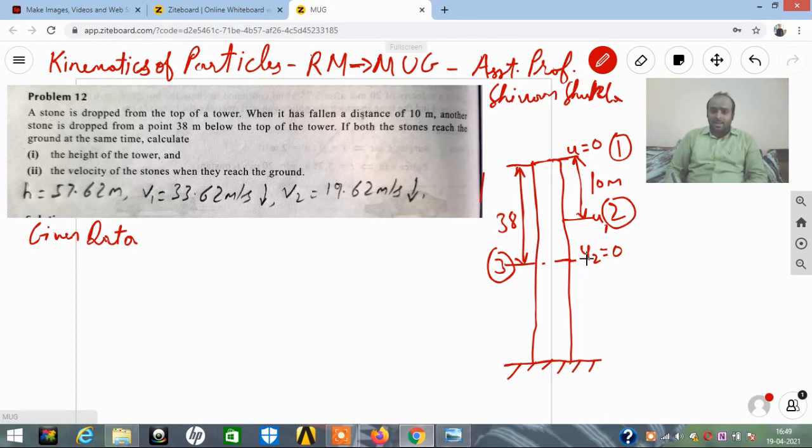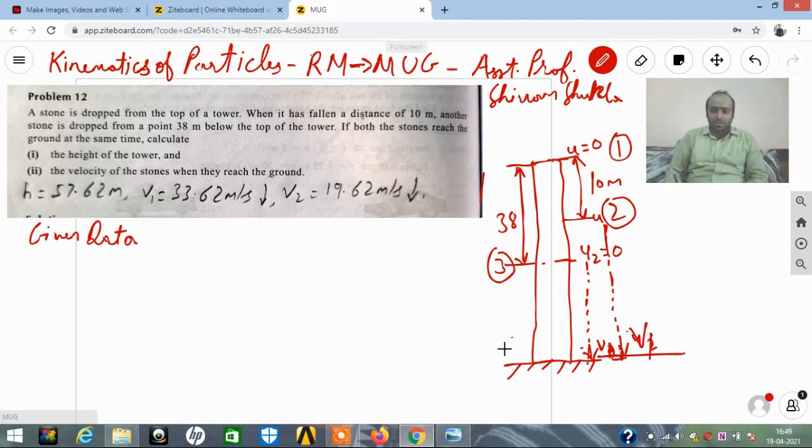Now u2 is the initial velocity of the second stone. When it comes down, its final velocity with which it falls on the ground is v2. u1 is the initial velocity of the first stone. When it falls on the ground, let me consider its final velocity as v1. For the first stone it will be v1, for the second stone it will be v2.